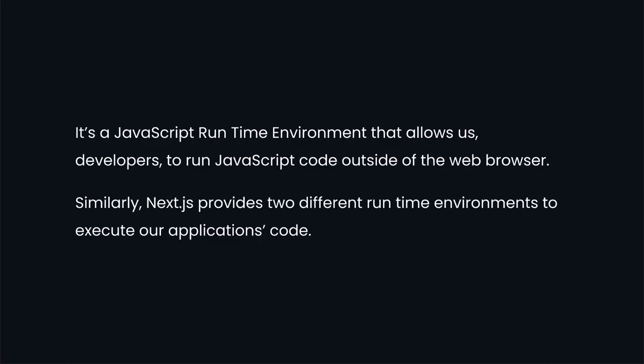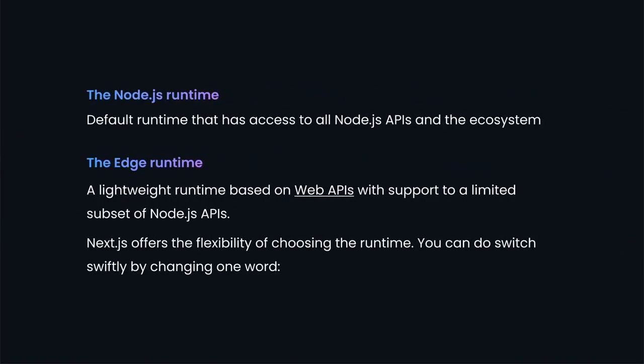Similarly, Next.js provides two different runtime environments to execute our application's code. The Node.js runtime, which is the default runtime that has access to all Node.js APIs and the ecosystem, as well as the Edge runtime, a lightweight runtime based on the web APIs with support to a limited subset of Node.js APIs. Next.js offers the flexibility of choosing the runtime.